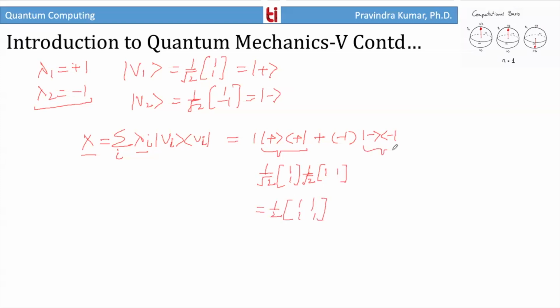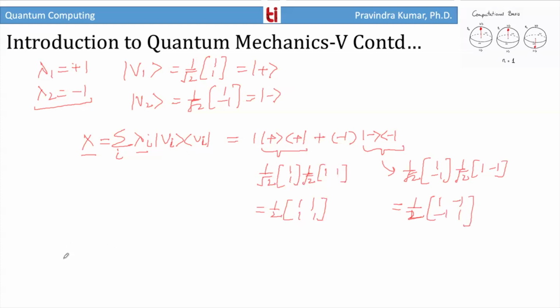Similarly, the projector of minus, or outer product of ket minus bra minus, will be equal to 1 by under root 2 (1, minus 1) into 1 by under root 2 (1, minus 1). So this is equal to 1 by 2 times the matrix 1 minus 1 minus 1 1.